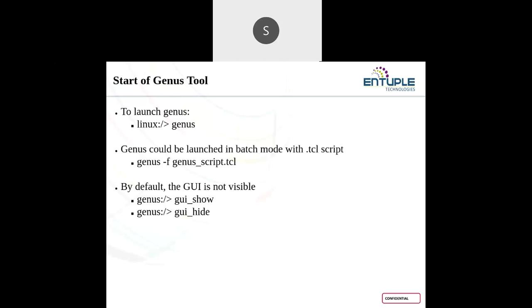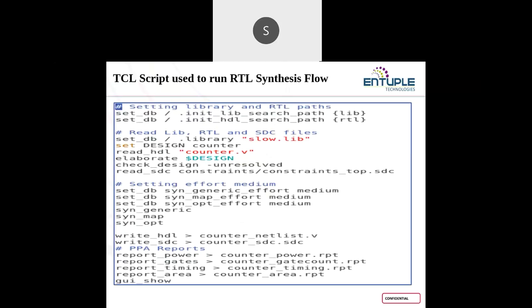So this is all about the Genus solution tool. I am just coming back to the script, as I have already told. I am already pretty much familiar with writing out the script, so in that case, what are all the things I will be including in the script? First comes the input setup, that is with respect to the library and the RTL code.